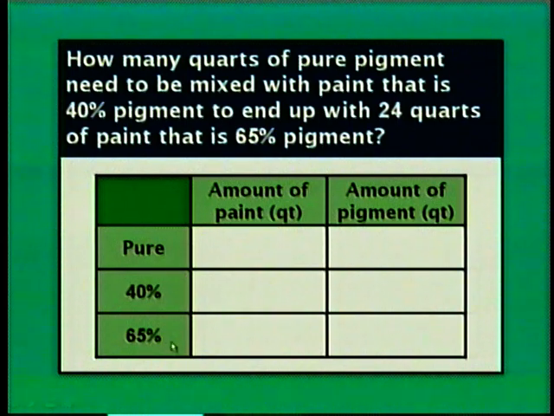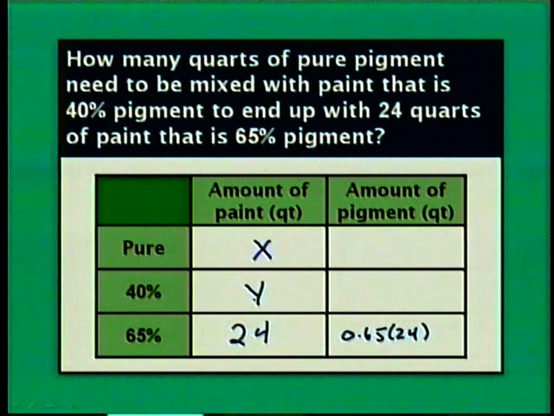Let's look at what I'm given. I'm given that I want to end up with 24 quarts of the 65% pigment paint. I can also easily calculate the amount of pigment by taking 65% of 24 quarts. What are they asking for? They want to know how much pure pigment needs to be mixed with paint that's 40% pigment to end up with this 24 quarts.